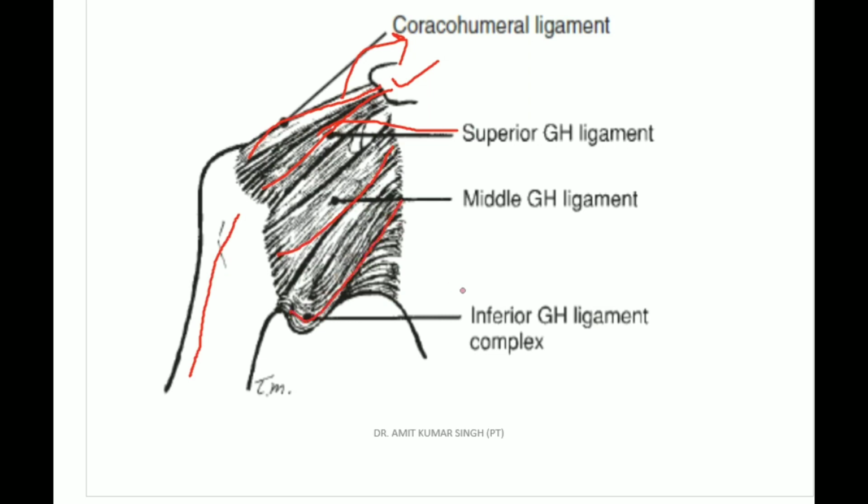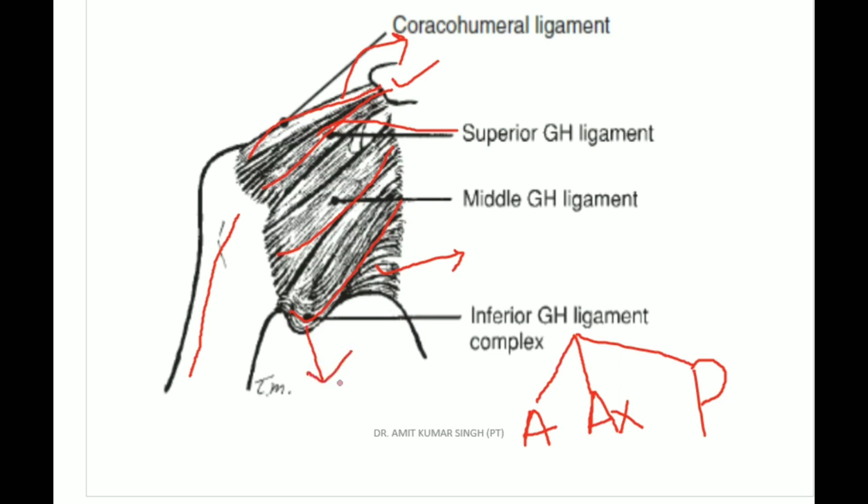As already discussed, the inferior glenohumeral ligament is again divided into three parts: anterior portion, axillary portion, and posterior portion. So this is our anterior portion, this is our axillary portion, and this is our posterior portion. The foramen of Weitbrecht is present between the superior and middle glenohumeral ligament, and is known as a relative zone or point of weakness.